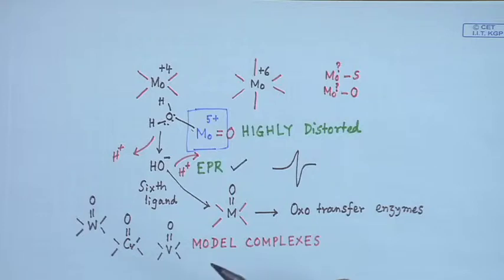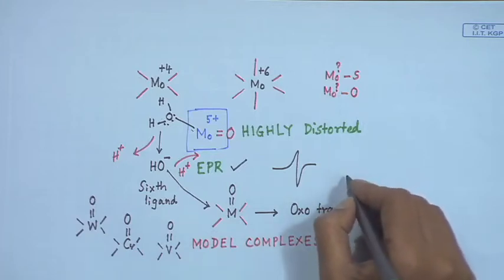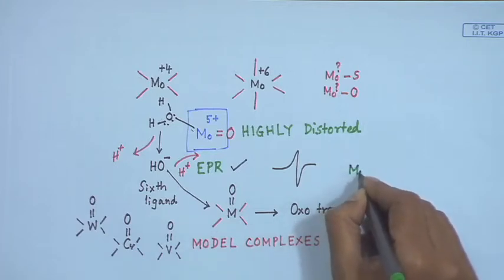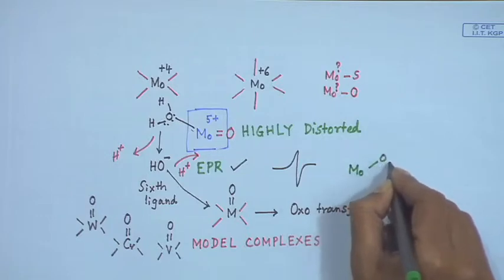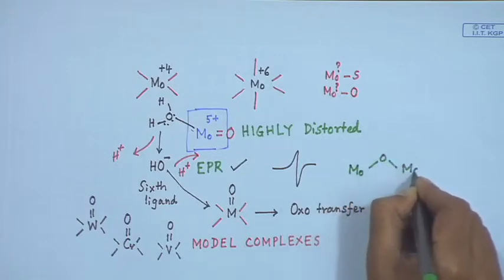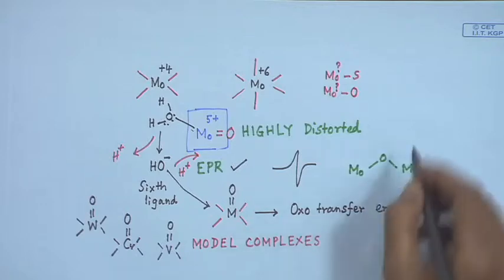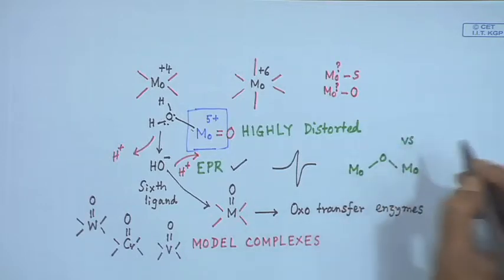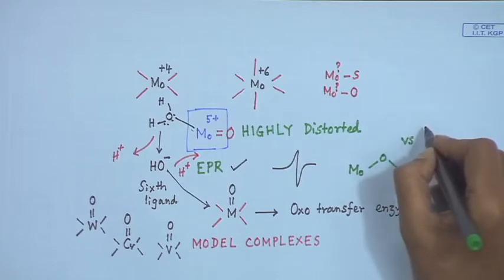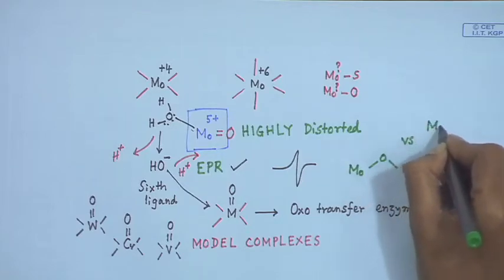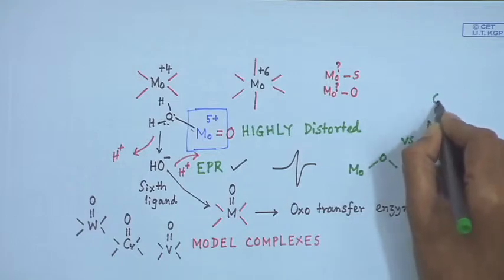and in all these cases we are not considering the corresponding polymerization reaction, because once we consider the polymerization reaction, as we have seen earlier, instead of this oxo we can have a dimeric species, where you have the molybdenum oxo molybdenum unit. That means, it is the competitor for the mononuclear molybdenum oxo form.